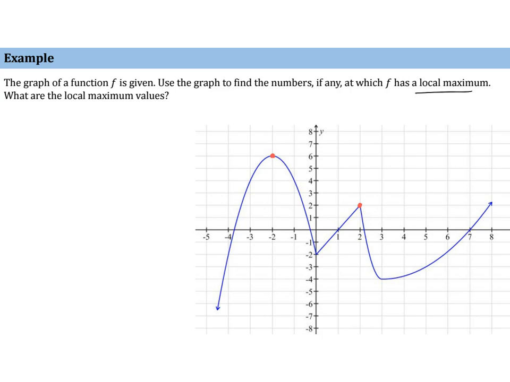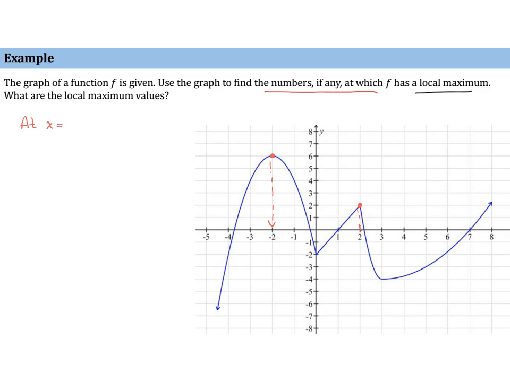So first off, we're supposed to find the numbers, if any, at which f has a local maximum. So we would say at, now what's the x value? -2 and +2.